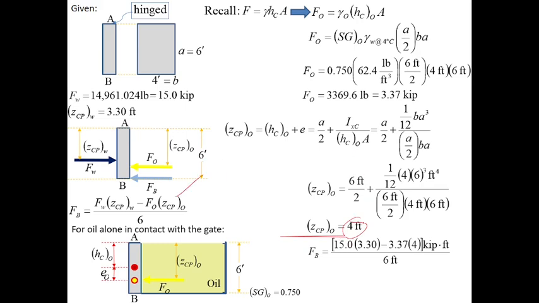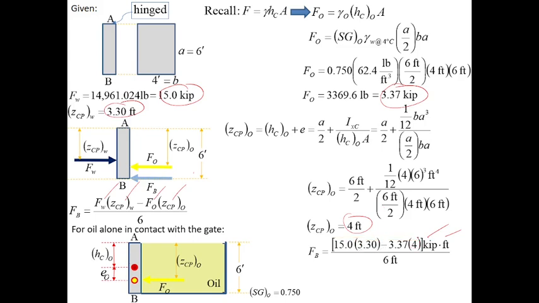And FB is equal to, so kompleto na. Meron na tayong FW, ZCPW, FO, ZCPO. Ang unit ng 15.0 tsaka 3.37 is kips, 3.34 tsaka unit nila ay feet, no?